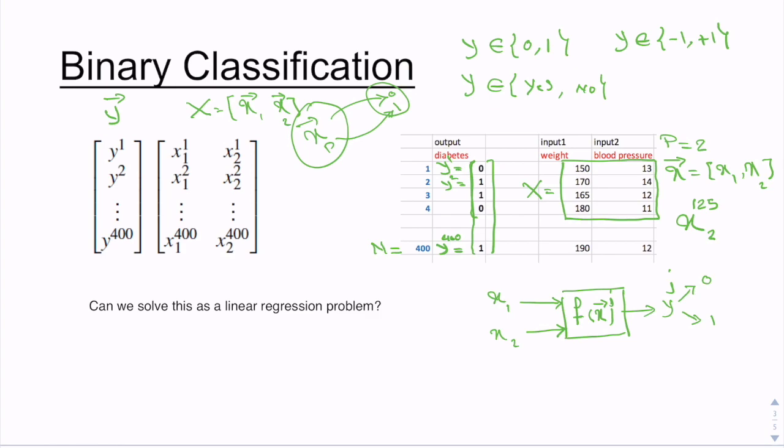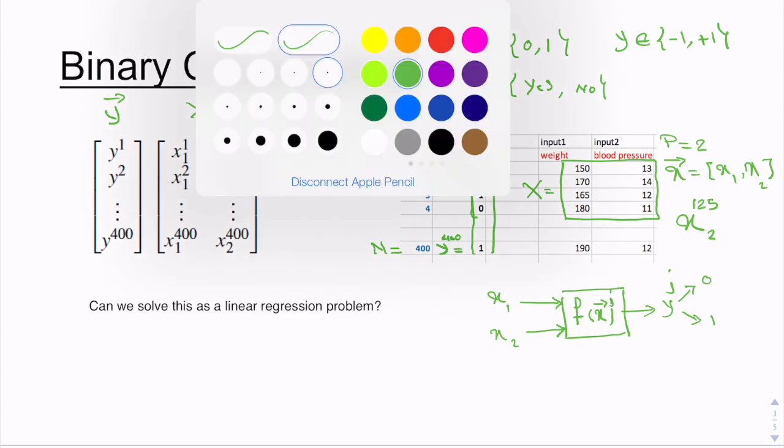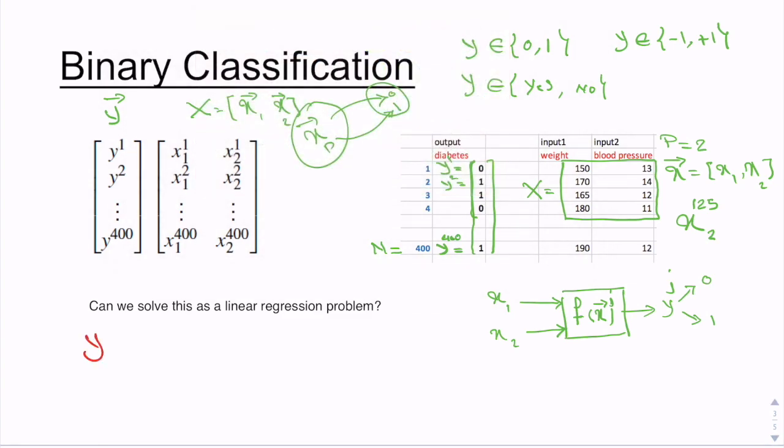So the first idea that may come to our mind is, can we solve this problem using regression? Because in linear regression, we have y, which is our output. So I can say y equals a0 plus a1 x1 plus a2 x2.